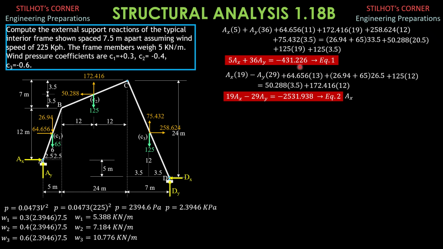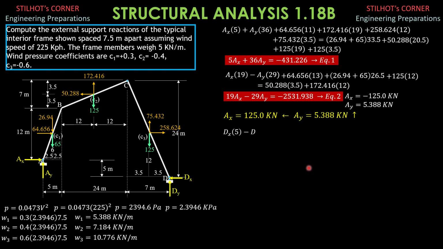So we can now solve equations 1 and 2 simultaneously, and we get AX equals negative 125.0 kilonewtons, AY equals 5.388 kilonewtons. Since AX is negative, its direction should be opposite to the one assigned in the figure. So AX is equal to 125 kilonewtons leftward. That's the answer. And AY is 5.388 kilonewtons upward.